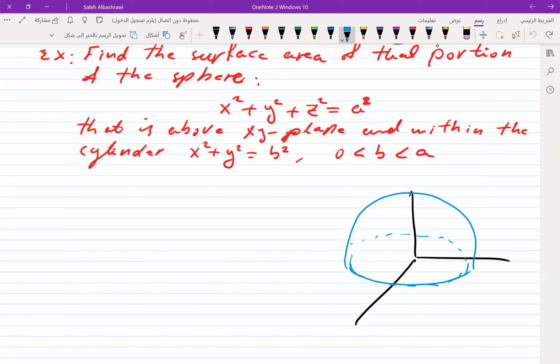This sphere in three-dimensional space is over the area given by the circle or cylinder, which means it is this part.